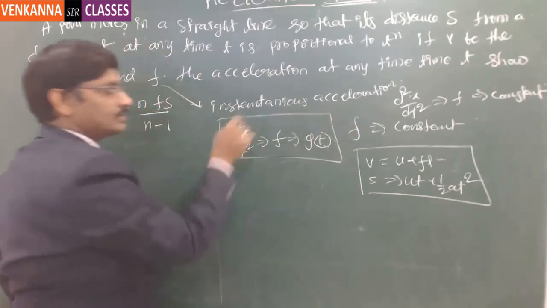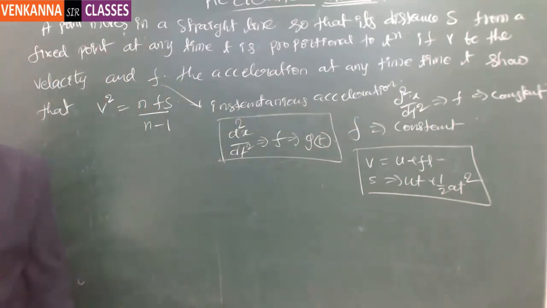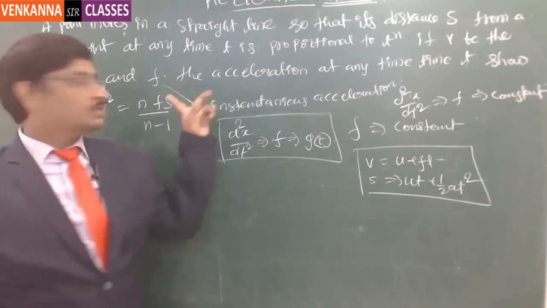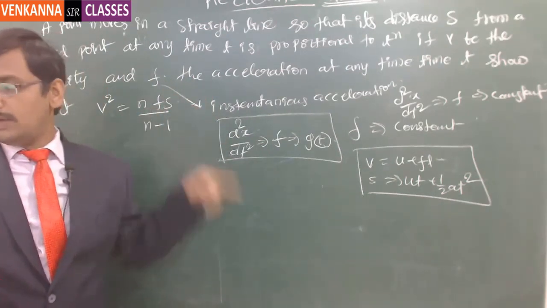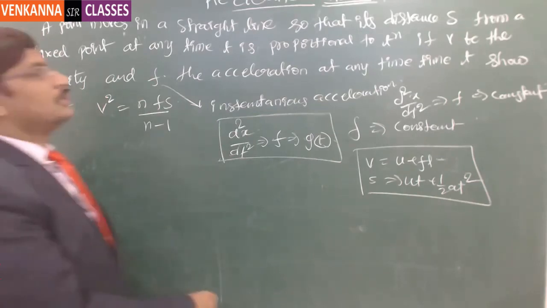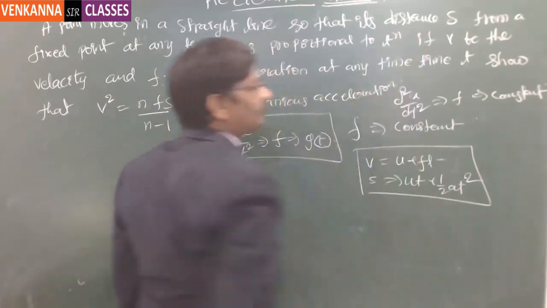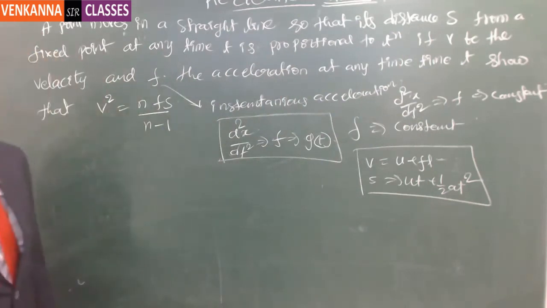That is the difference. It's not a constant. Got it? With that assumption, he said this relation v square is equal to n times f s by n minus 1 holds when the displacement is proportional to the nth power of t.